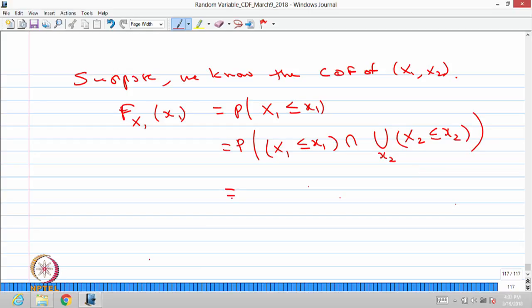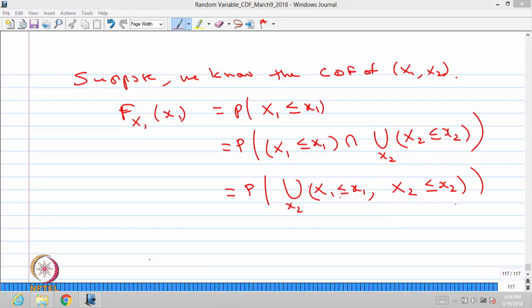That is the same as the probability of the union over all possible values of small x2 of X1 less than or equal to x1 and X2 less than or equal to small x2.